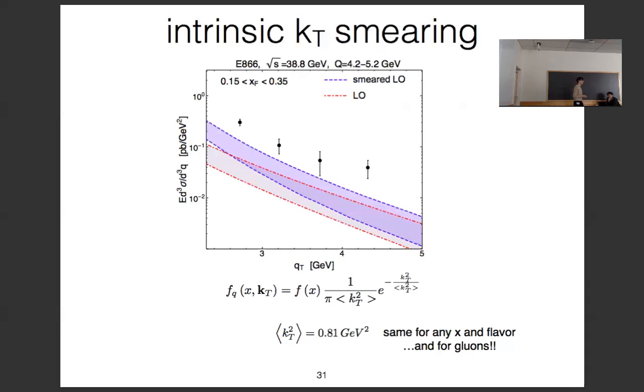We imagine that in reality, because this takes KT squared 0.81, which is the result of the feedback plus also the evolution, maybe you should consider only the intrinsic part. So this is a kind of upper bound of what can happen, we believe. In reality, your tail or your distribution will be even narrower than this, and then the dependence on the KT max should not be so important.